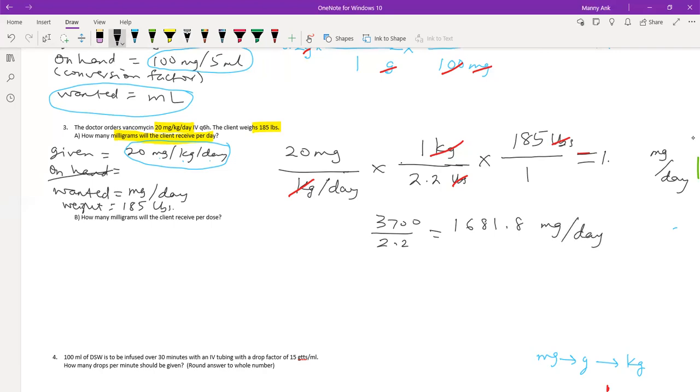Okay. So that'll be our answer: 1,681.8 milligrams per day. Great.